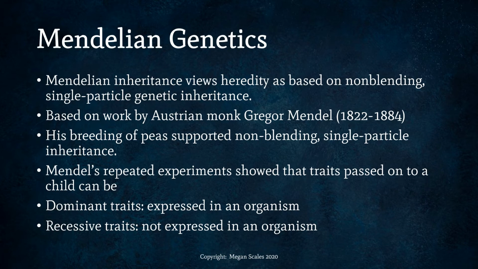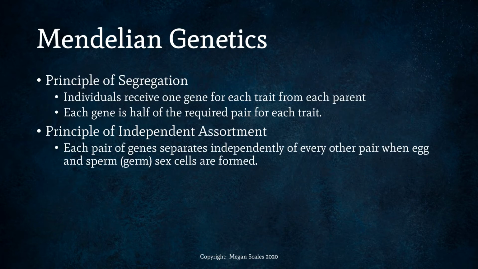He bred pea plants and discovered how genetics or inheritance work. He showed that traits can be passed on through the generations. Dominant traits can be expressed in an organism. Recessive traits can often not be expressed in an organism. So the way that different traits are expressed can vary.